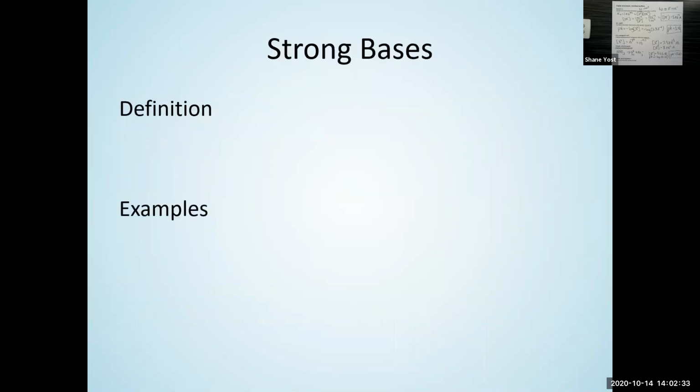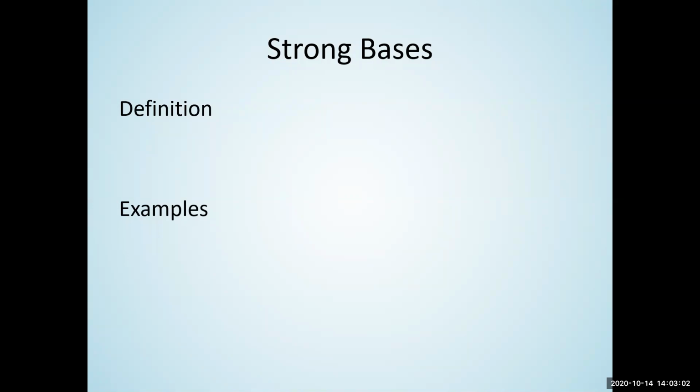Now talking about strong bases, what will a strong base do in solution? Similar to what a strong acid does, it dissociates.